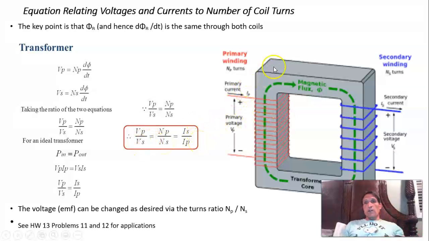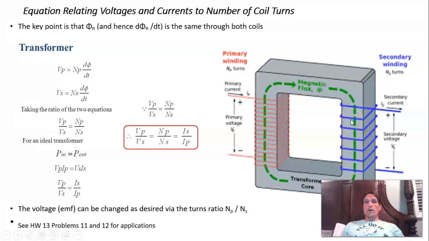In this particular example, Np is greater than Ns, so Vp would be greater than Vs. In other words, we're stepping down the voltage, but Is would be bigger than Ip. So we're stepping down the voltage but increasing the current, so that the product of current times voltage stays the same. With our transformer we can choose either to step down the voltage and step up the current, or step up the voltage and step down the current.